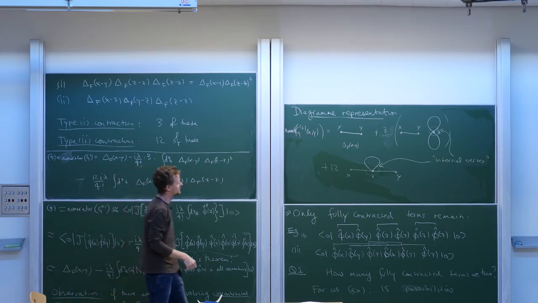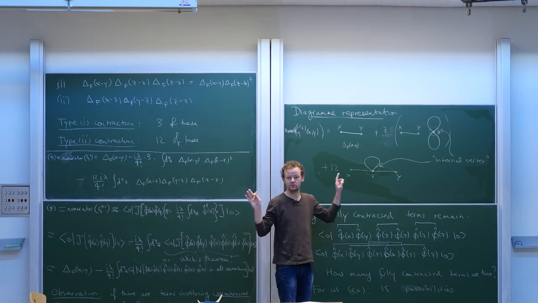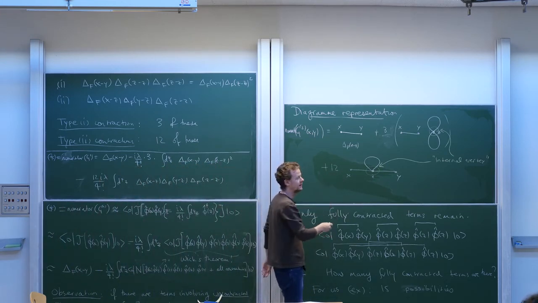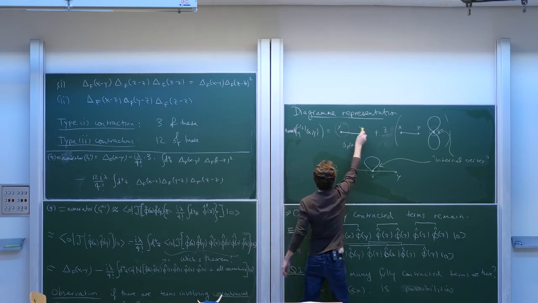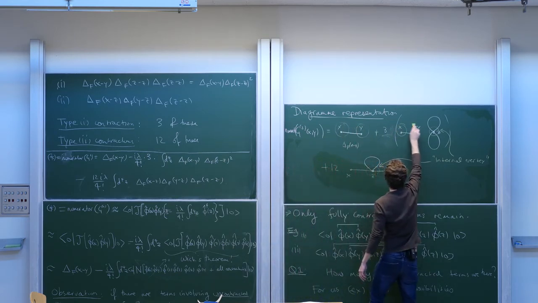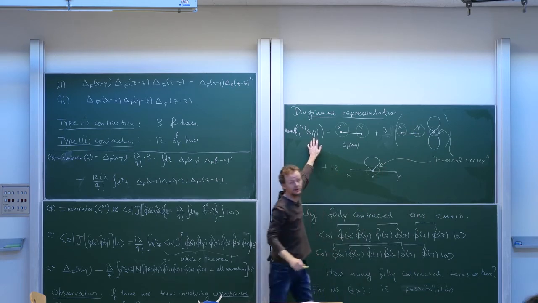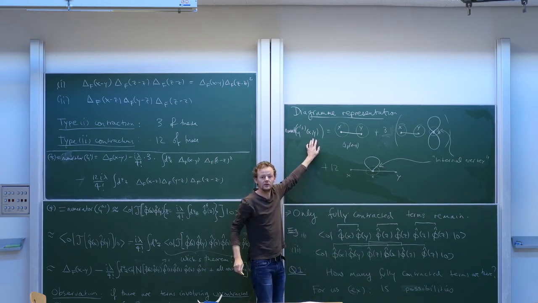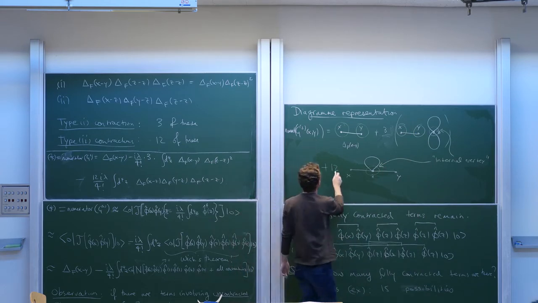They're vertices which don't touch any external points. Externals are the ones that are associated with the field operators that appear with the arguments x and y in the Green function.